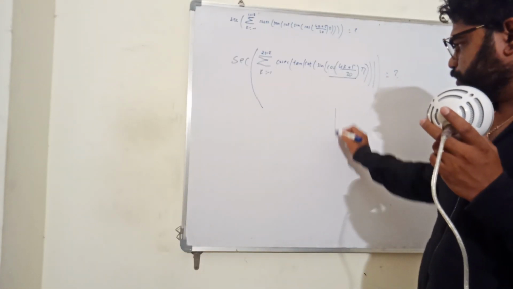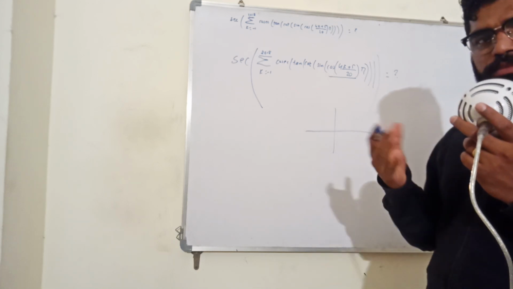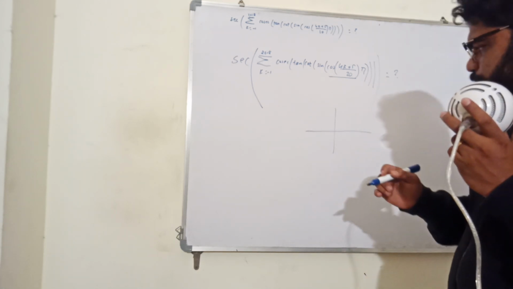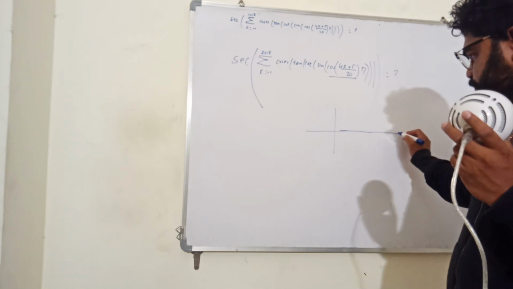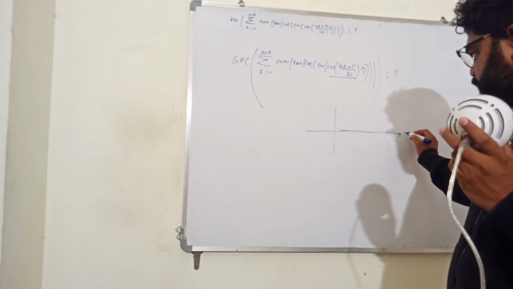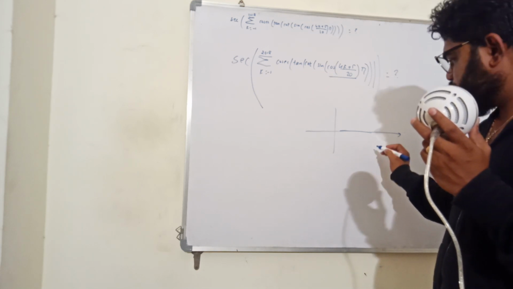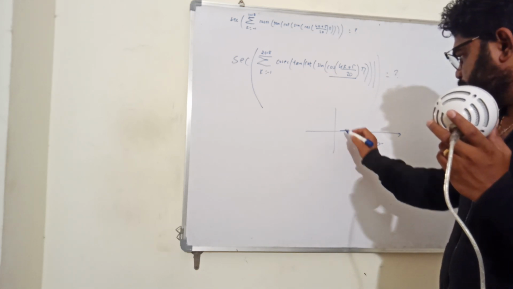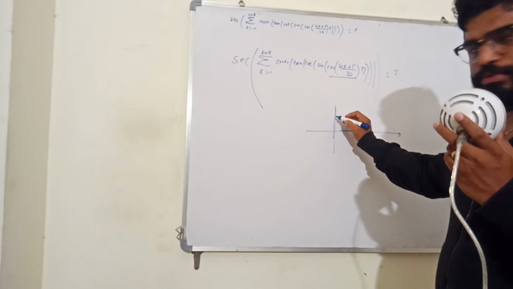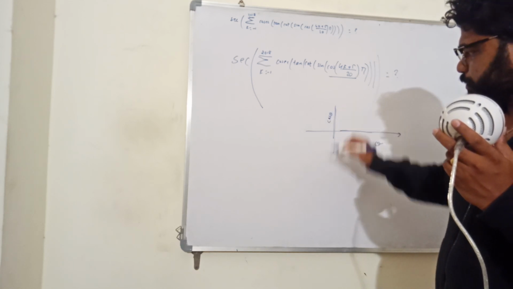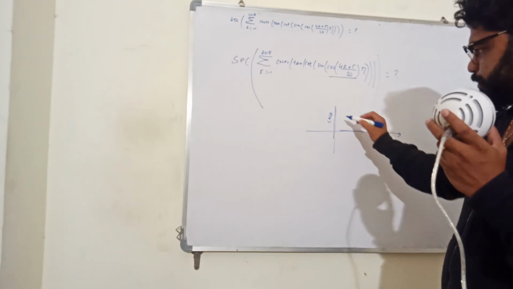I will just draw a graph of how the cosine function works. If this is the x-axis, on the x-axis I am drawing theta, and on the y-axis I am going to plot cos theta. So I am going to get something like this.